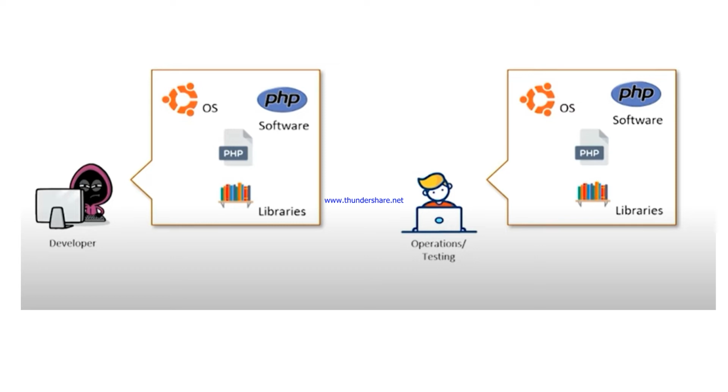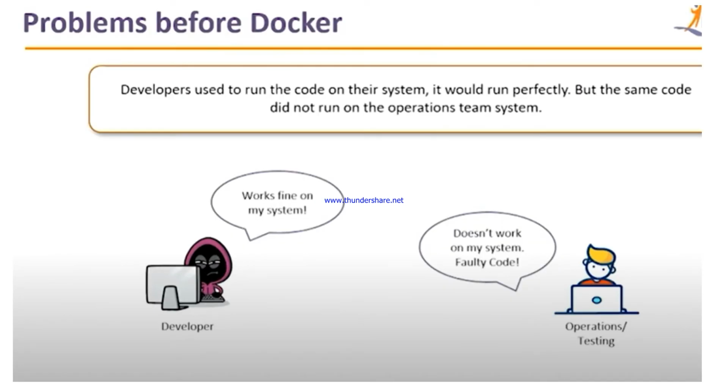Whether they test with automation or manually, in their laptops they need to install those particular packages. So the problem is here: on the developer's laptop the entire code works fine, but on the testers' laptops it does not work properly.